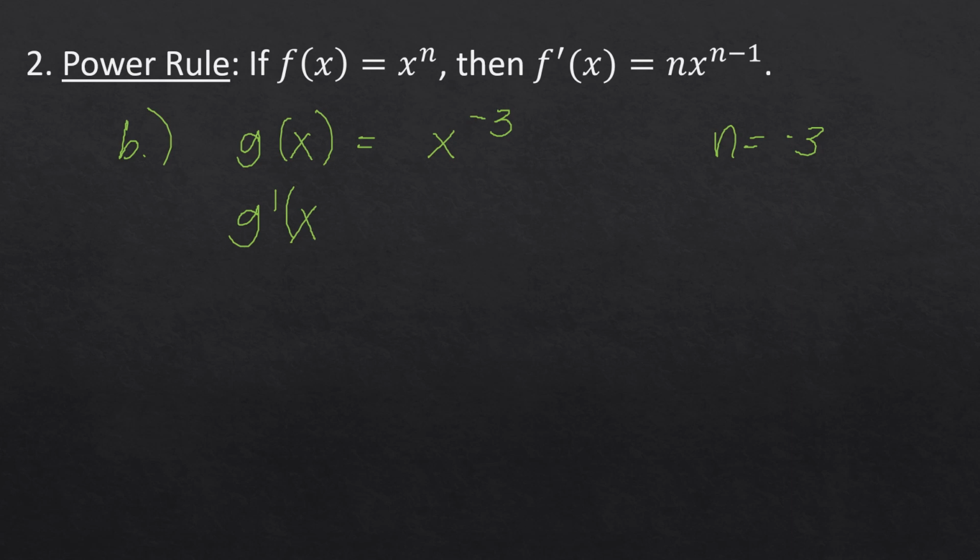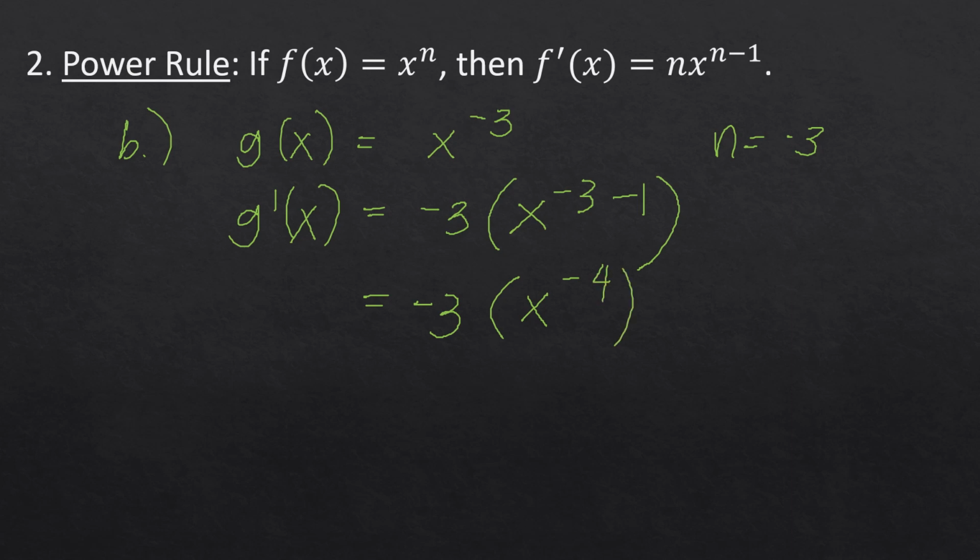So g prime of x is equal to, you bring down negative 3, okay, the entire exponent, bring it down, so you have negative 3 times x raised to negative 3 minus 1. So it remains to be minus 1. Okay, so you have negative 3 times x raised to negative 4. So g prime of x. Now we now have negative 3x raised to negative 4.